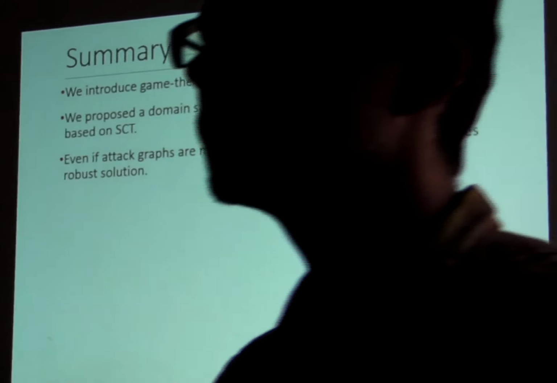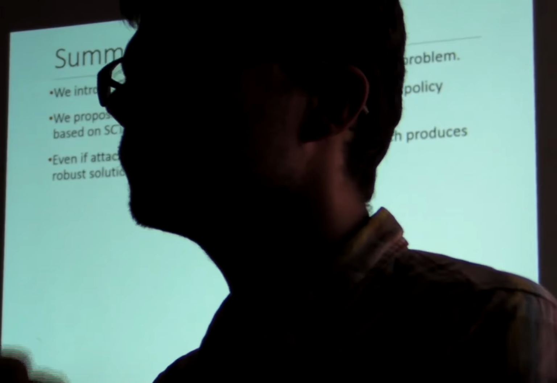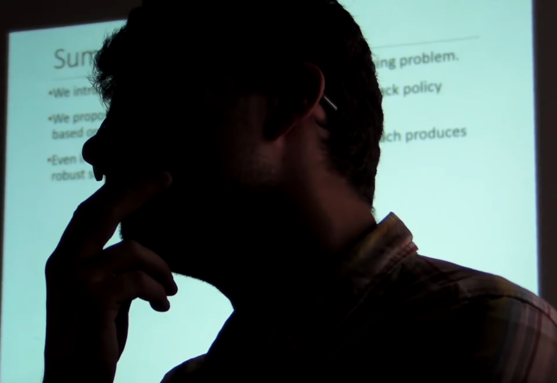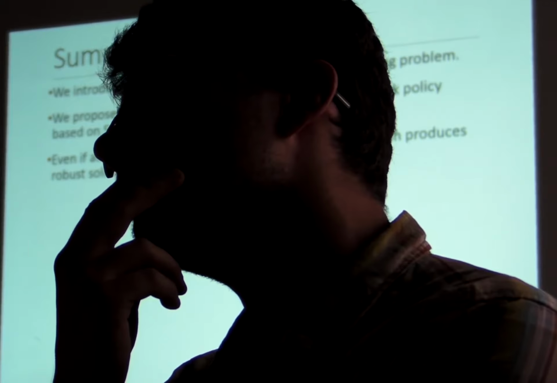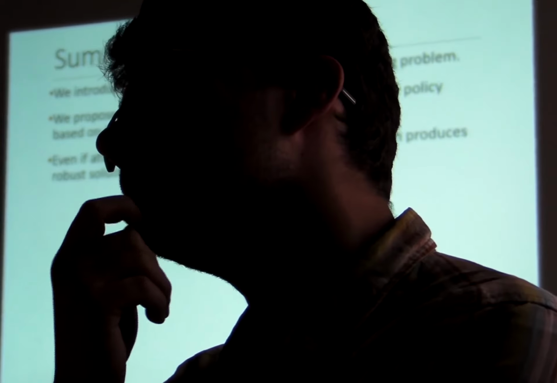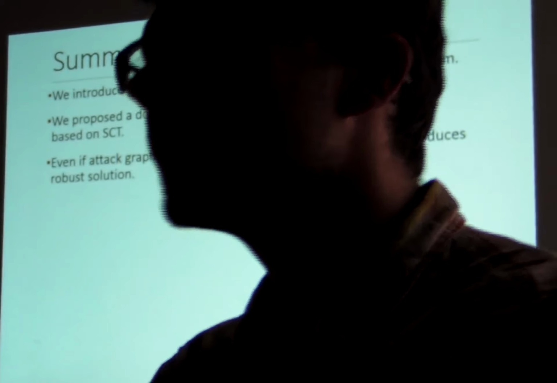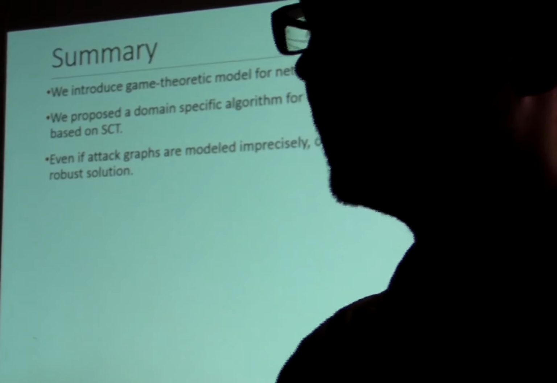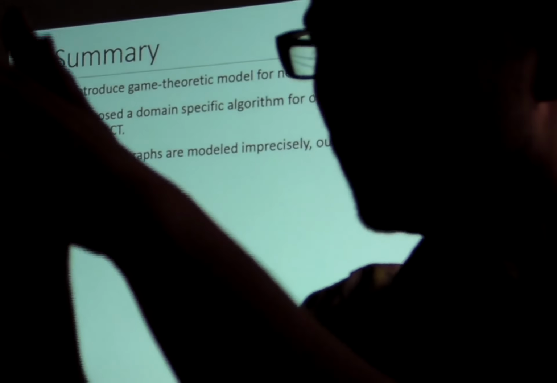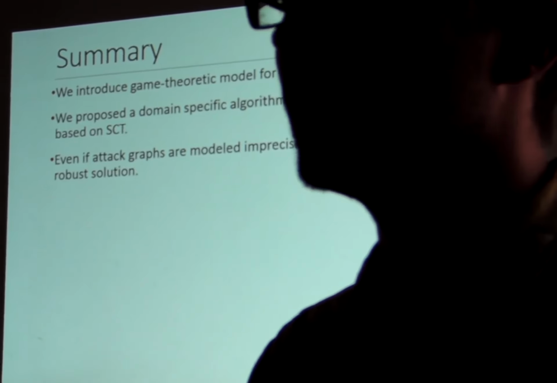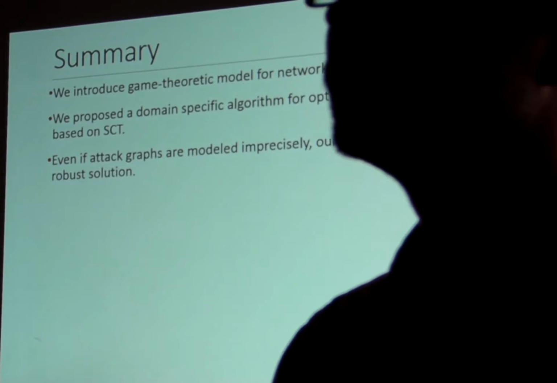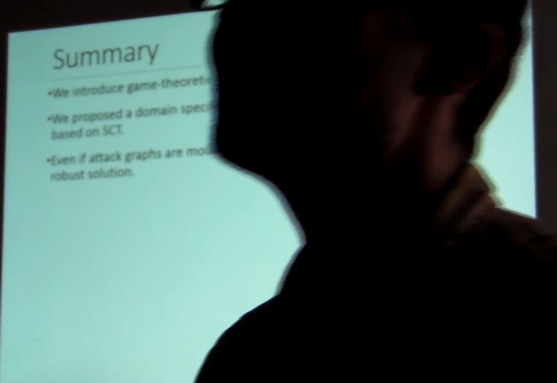It wouldn't end the game, but it would change the success of the attack for the attacker. Yes, exactly. If the attacker doesn't have any information about where the IDSs are, or in my case honeypots, he has just one attack graph and completes the attack policy, and it will always be the same. So it wouldn't change.